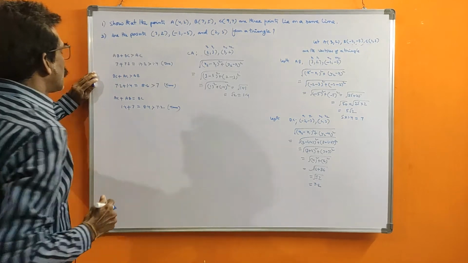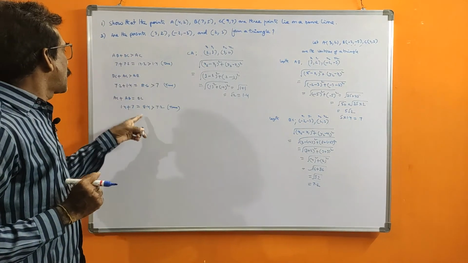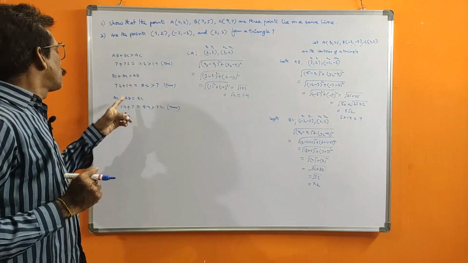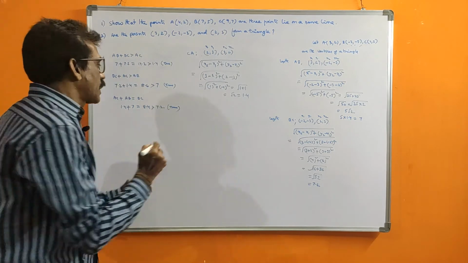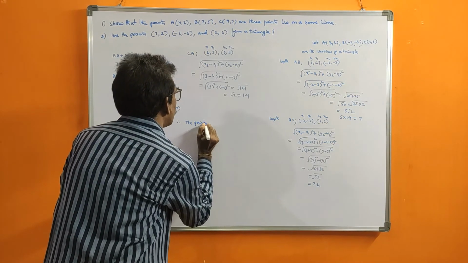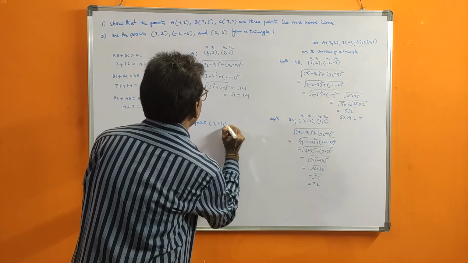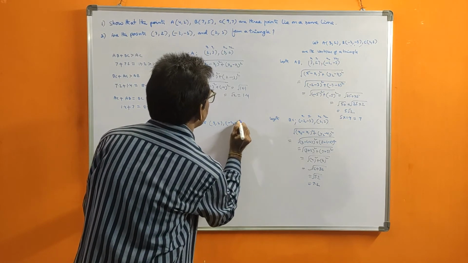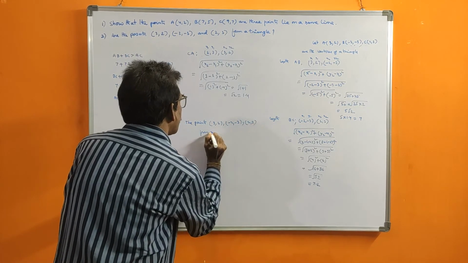True. So, the sum of any two sides is greater than the third side. This is the property of a triangle. Therefore, the points 3, 2, minus 2, minus 3, and 2, 3 form a triangle.